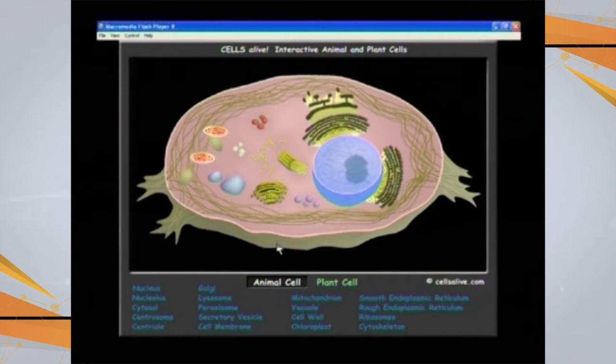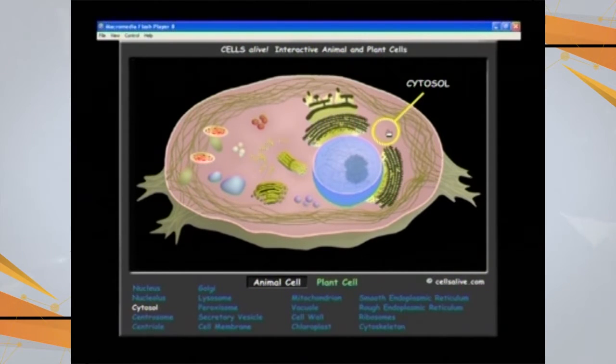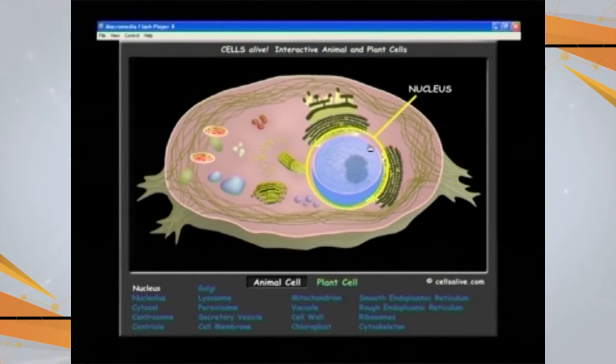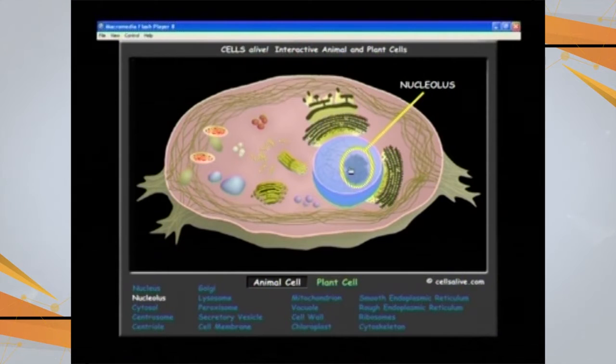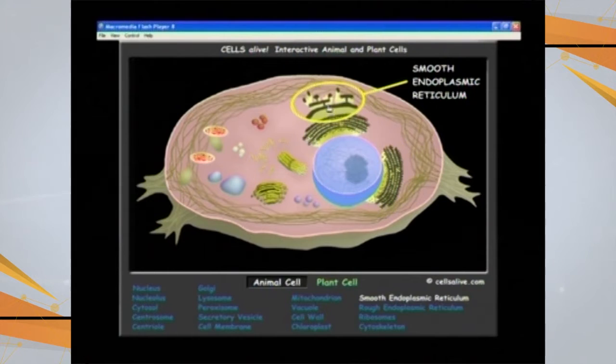So this is the cell model of an animal cell. If we look at the outer boundary, this is the cell membrane. Inside the cell membrane, this is the cytosol, the liquid part. Then this is the nucleus. Inside the nucleus, there is a darker part called the nucleolus. Then this is the rough endoplasmic reticulum, and this is the smooth endoplasmic reticulum.